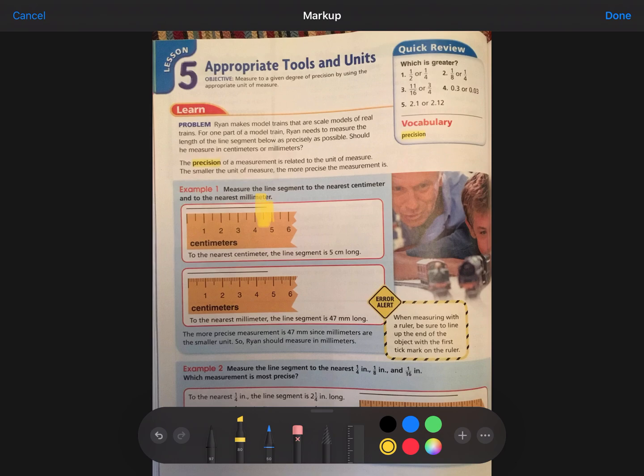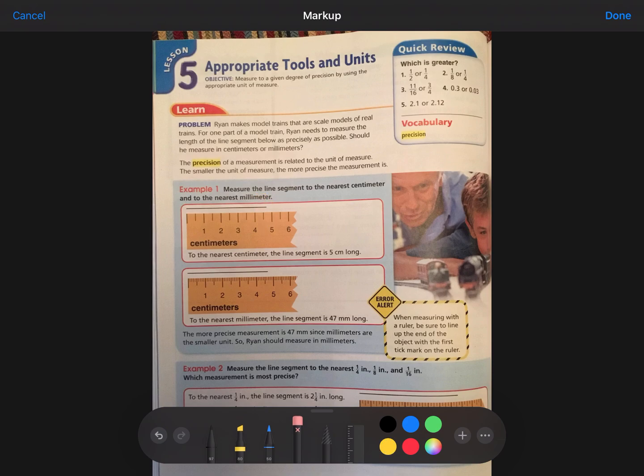That line segment where it ends is closer to 5 than it is to 4. And we want the nearest whole centimeter. So we would say it's 5 centimeters long. I know it's not actually 5, but when it says the nearest, we're allowed to round. So 5 centimeters is the correct answer for this problem.